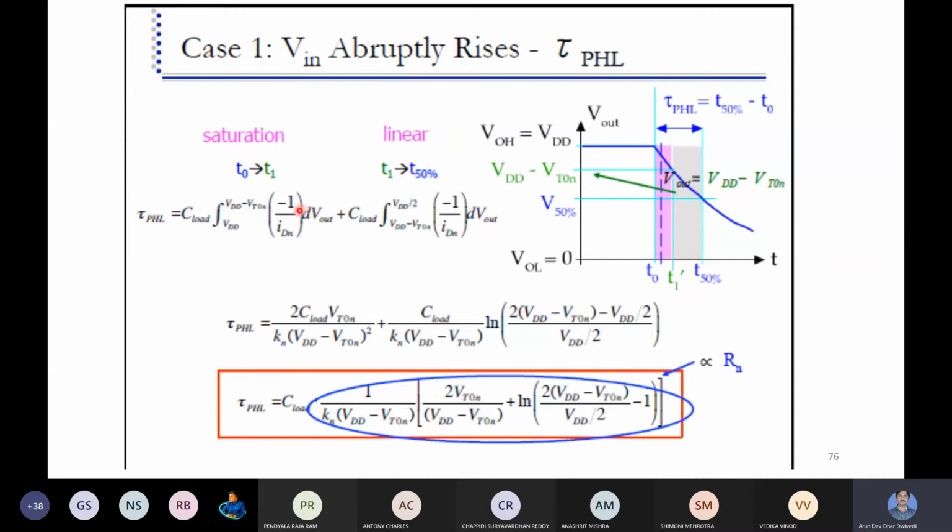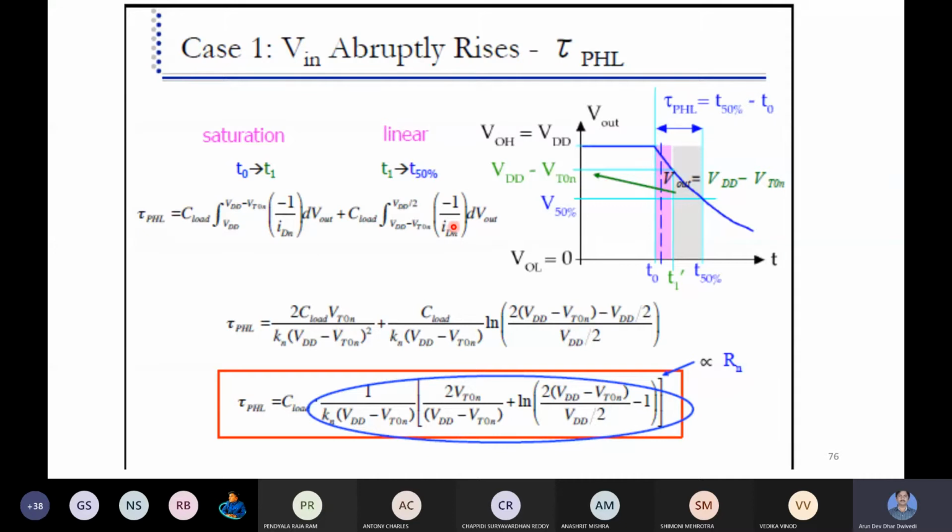This is the first integral, in the saturation region from T0 to T1. From T1 to T50% it is in the linear region. The second part of the integral has voltage limits from VDD minus VT01 to the final limit VDD by 2.